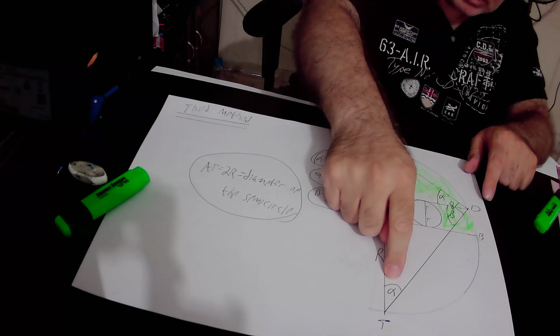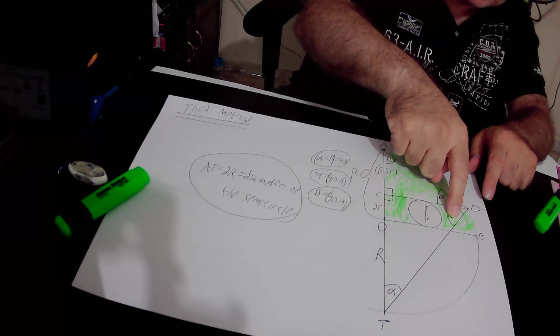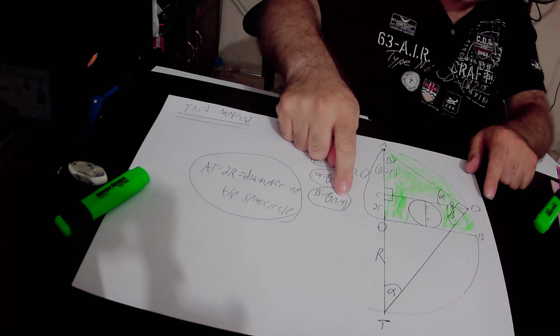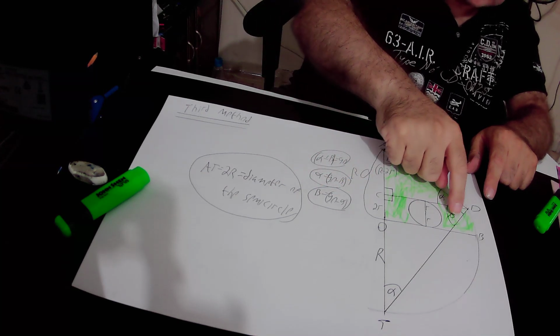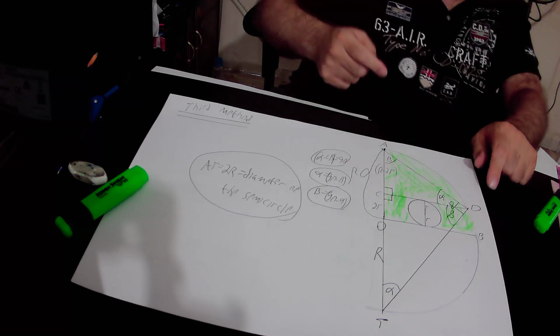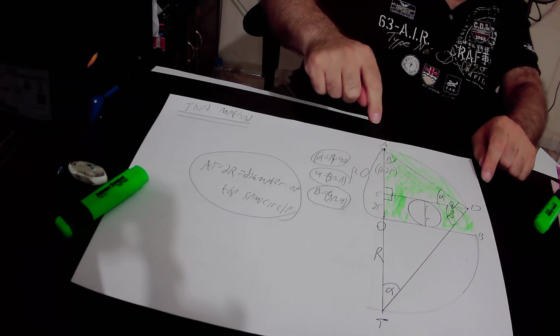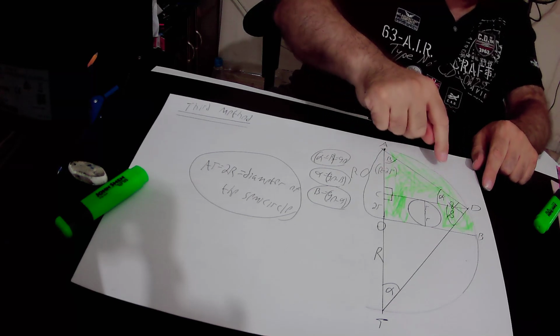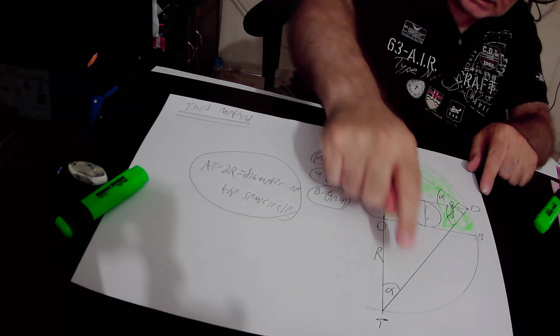This angle equals alpha, so this angle must be equal to 90 degrees minus alpha. But we found out that 90 degrees minus alpha equals beta, so we substitute 90 degrees minus alpha here by beta. Then we proved that the right triangle ACD is similar to the right triangle DCT.